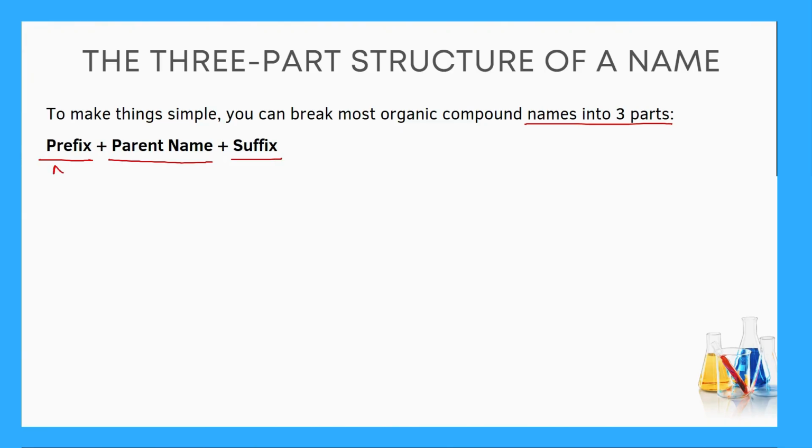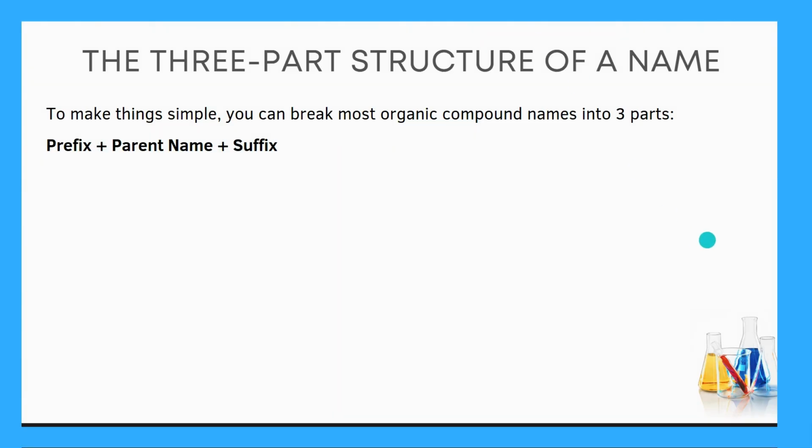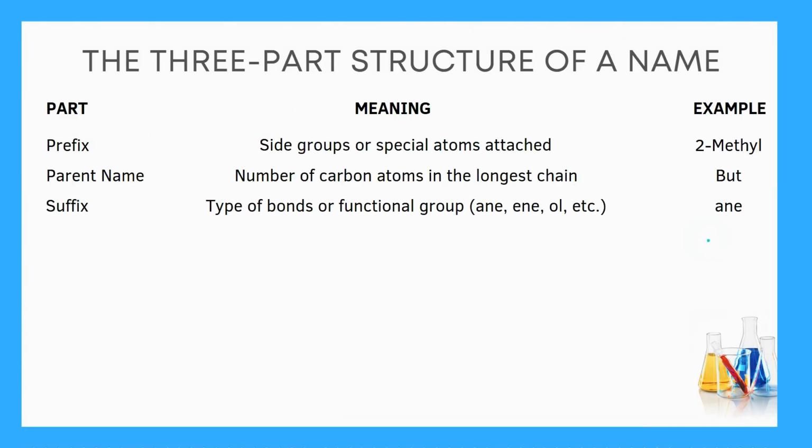This is the parent name, and this is the major part of the name that tells us most details about what the compound is. And then this is the suffix. This one comes last. Now let's see more details about this three-part structure of naming organic compounds.